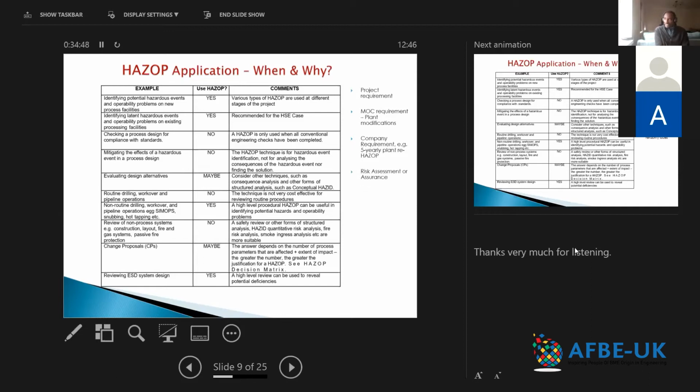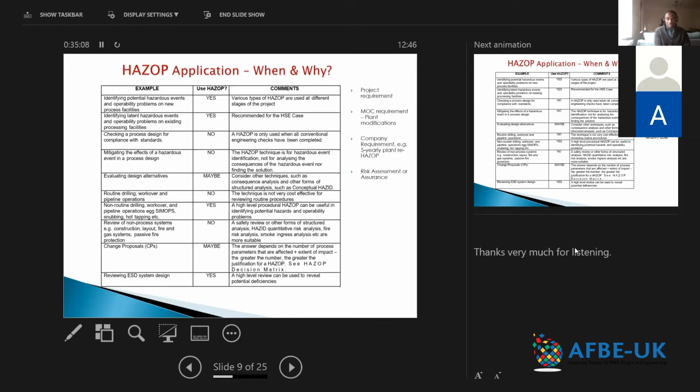So for risk assessment or assurance, as I said earlier, you've done your design, you've done everything. You might be very comfortable with your design and all you've done in terms of its safety, but you just want to do a HAZOP to give people the comfort factor.